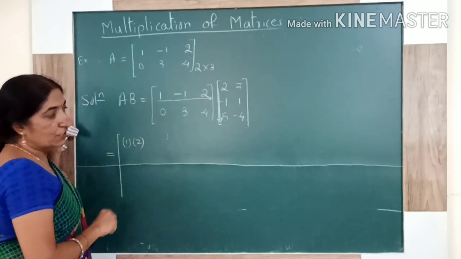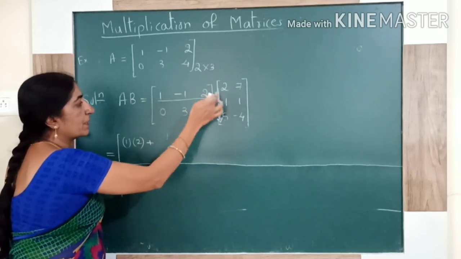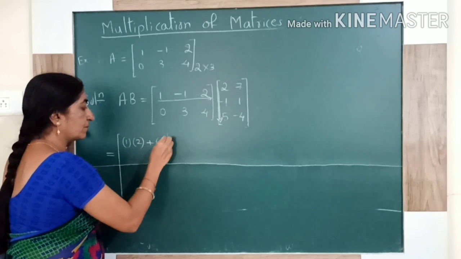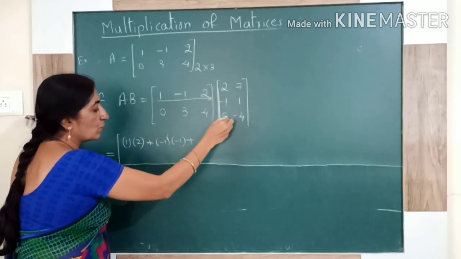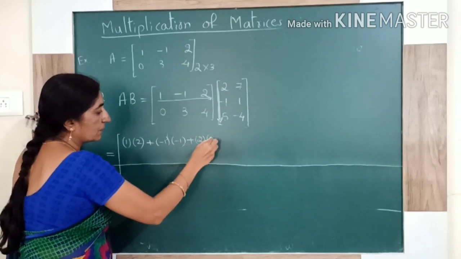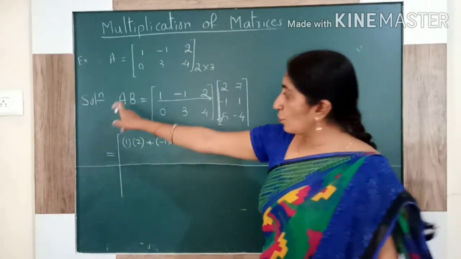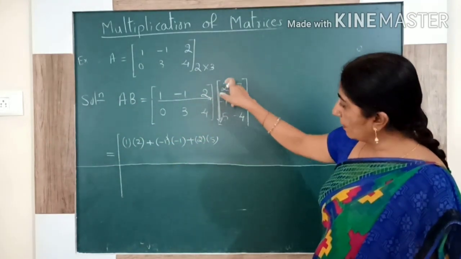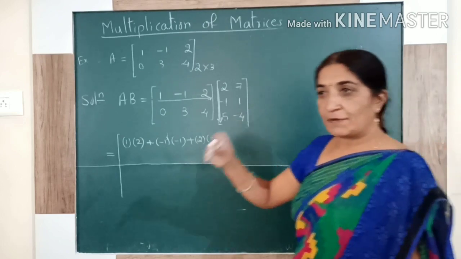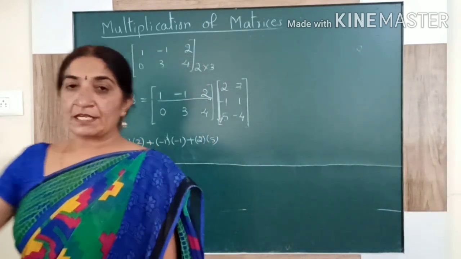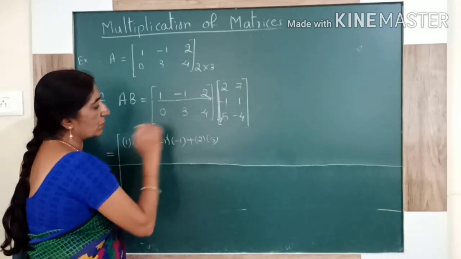After every multiplication, we have to write plus. Then second element into second element, middle plus, third element into third element. Is it clear? So that is how you multiply them: first element into first element, after multiplication plus, second into second, then third into third.